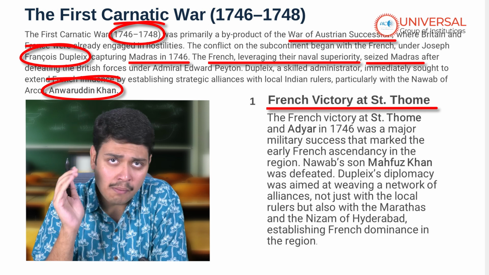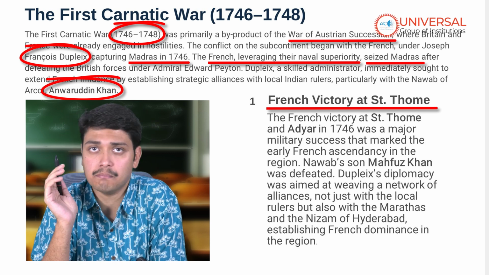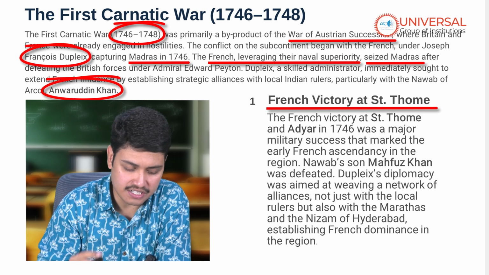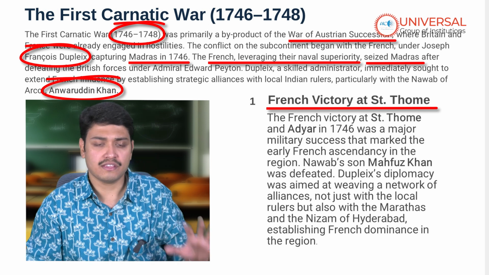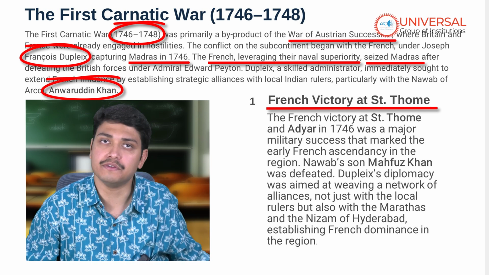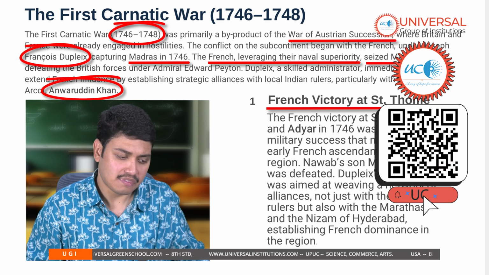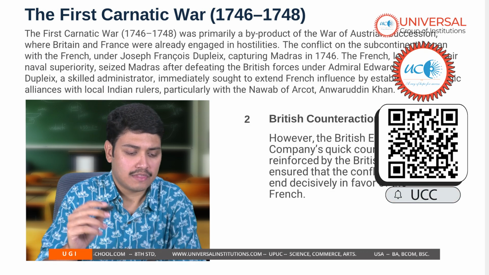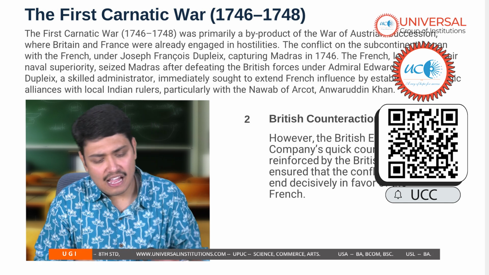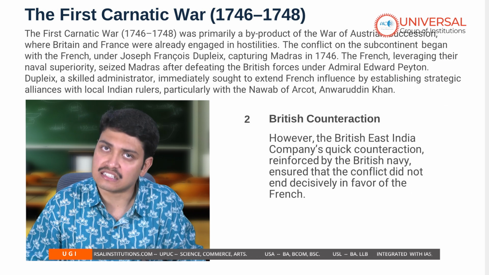The Nawab of Arcot, Anwaruddin Khan, had his son, Mahfuz Khan, defeated. That is how the first step was taken by the French imperialists towards creating a colony at Madras. It was primarily, as I say, an aggression of France.